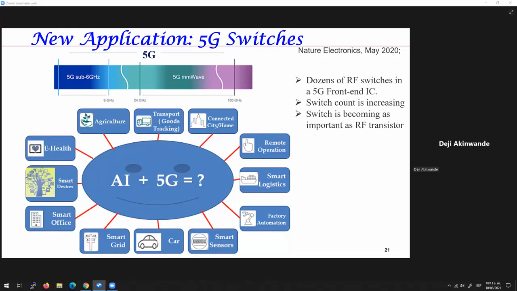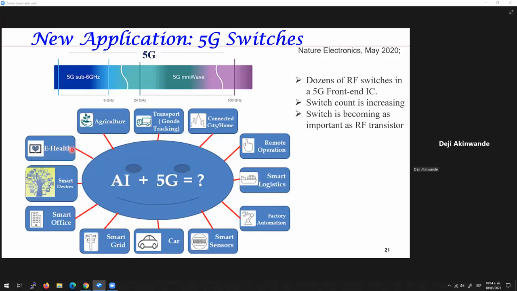So I'll use perhaps the last set of my slides to focus on the new application, which is RF or 5G switches to enable 5G networks. 5G networks are very important in today's society and are becoming more and more ubiquitous for many reasons. And I hope this slide gives you an idea of the ecosystem that 5G combined with artificial intelligence enables.